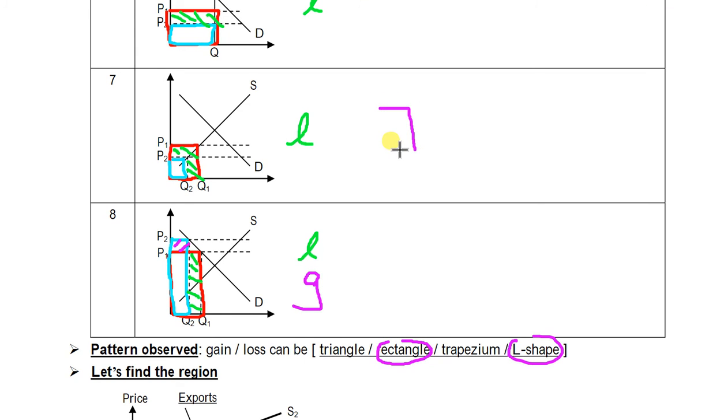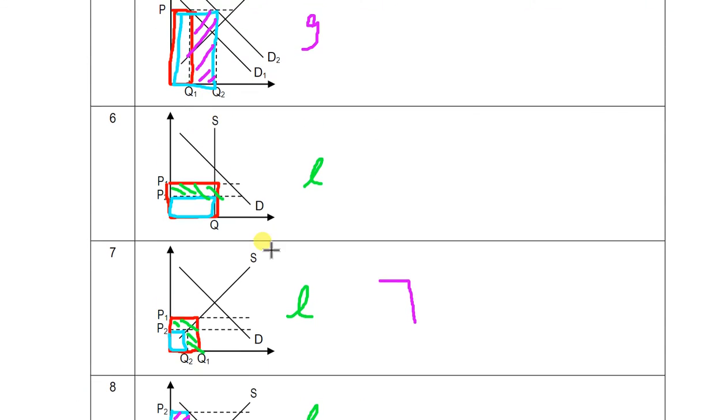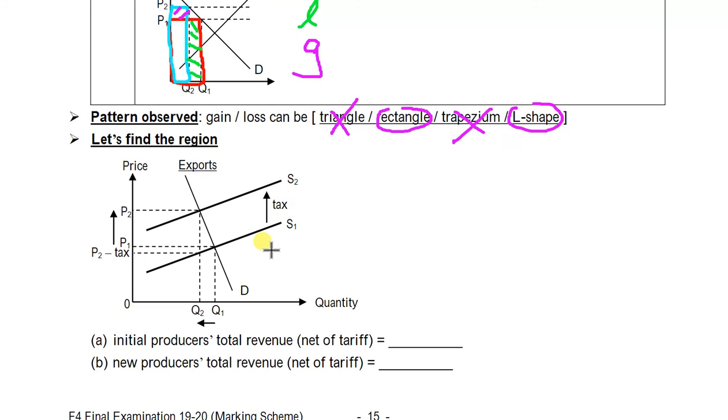If you reverse or rotate the diagram, then you have an L here. We can't have any triangle or trapezium. I don't know why some of you in the examination gave me trapezium or even triangle. They are not correct. The regions must be rectangle and L shape. If you compare the initial and the new, you must be able to get it.